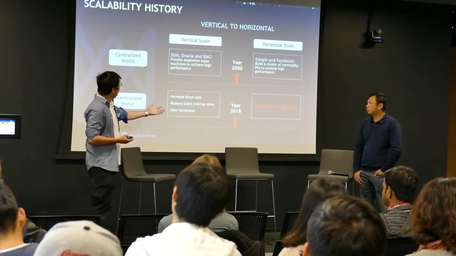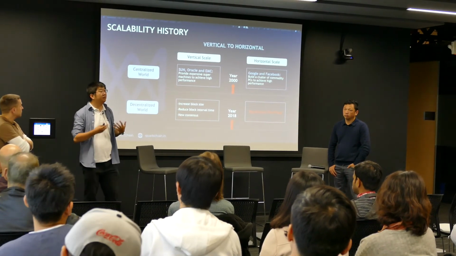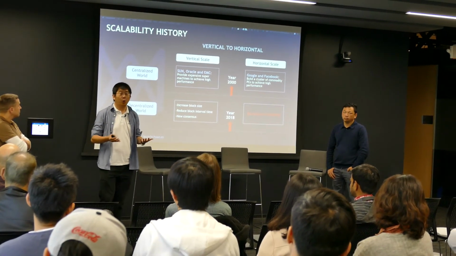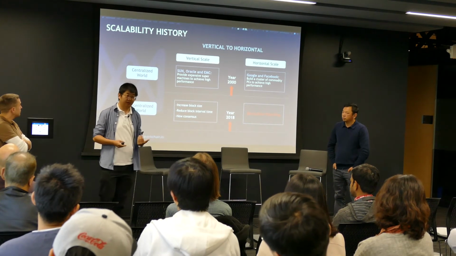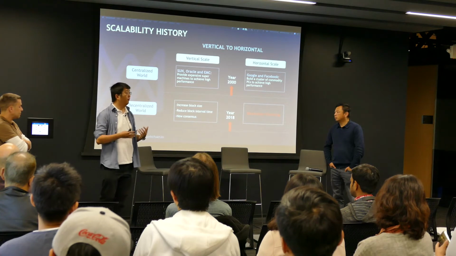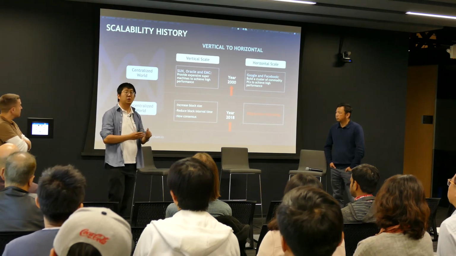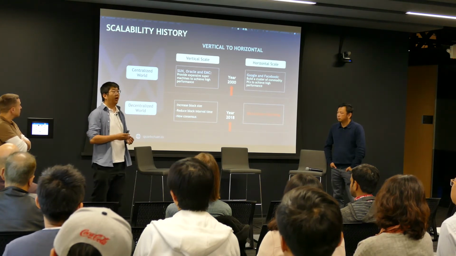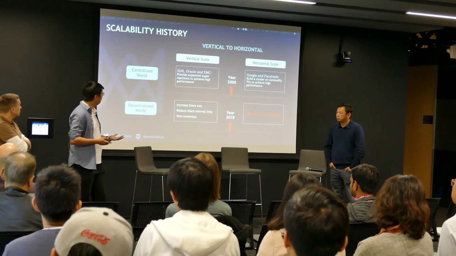However, I feel this direction follows the same path the centralized world has already taken, where we gradually hit limits in terms of networking, CPU, memory, and also network size.